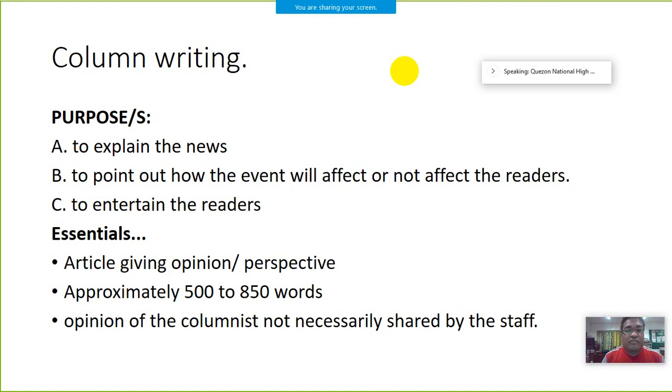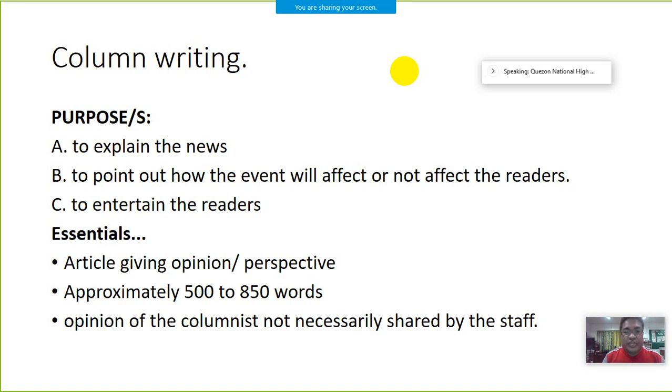Second, it points out how the event will affect or not affect the readers. So columns, whether editorial column, science column, feature column, or sports column, try to point out the relationship of a particular event to the lives of the readers, whether it affects directly or indirectly, or it doesn't have any effects.